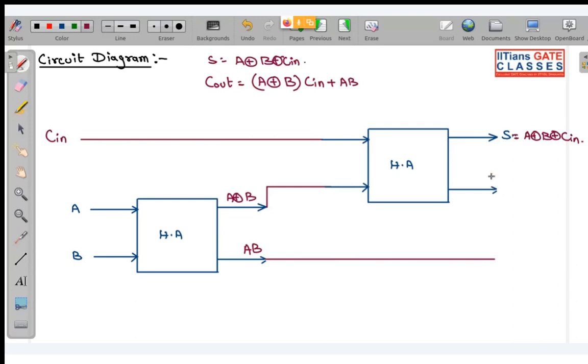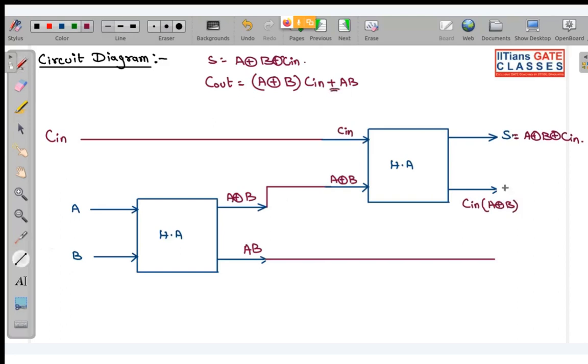Carry over here, it will be what? Because your input is Cin and this is A XOR B. So your carry will be Cin dot (A XOR B). So here you can see basically this is an OR. Okay.